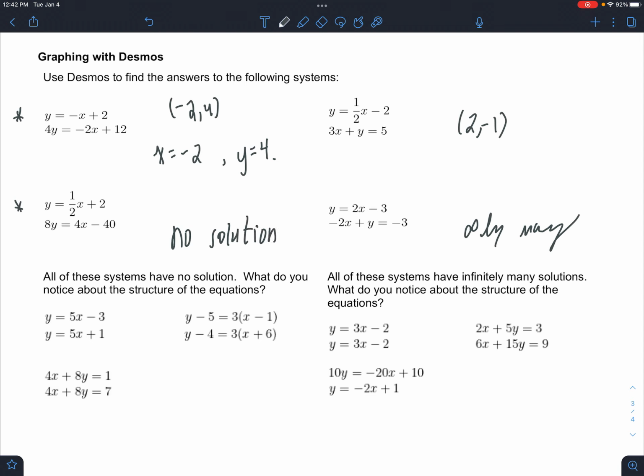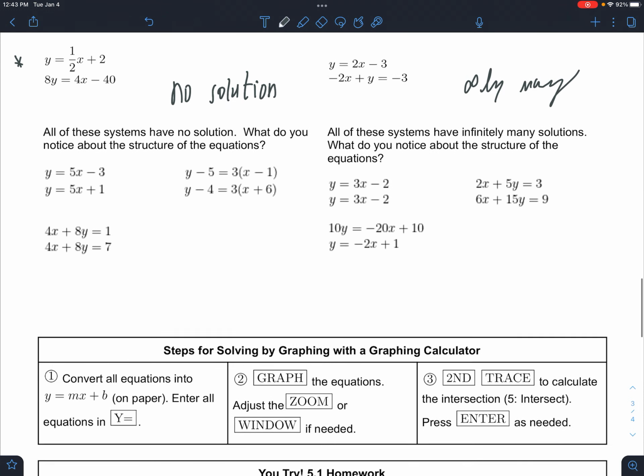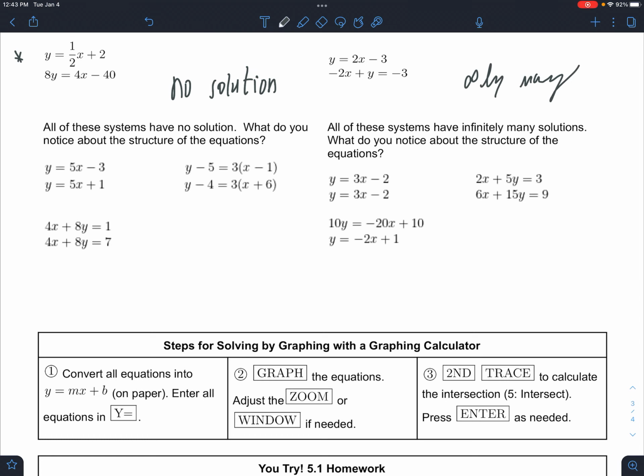So it isn't enough to just say, oh, they're parallel. You have to say that there is no x, y point that makes this true. There are no intersections. Okay? And just as a real thing, to look and kind of recognize some things, if you look at a system and it has the same slope and a different y-intercept, those are going to be parallel lines, right?